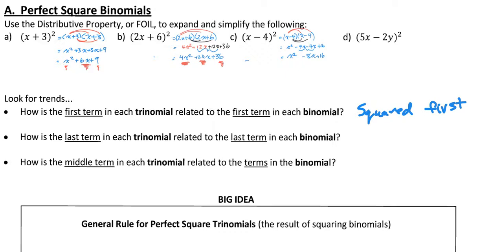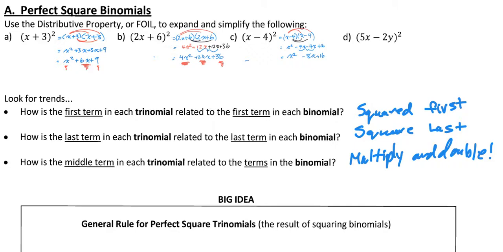The last term in the answer is also a square of the last term. And when we're talking about the middle term, we just multiply and double.